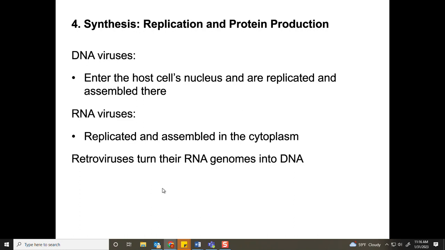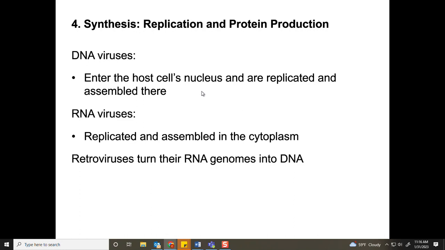So if we have a DNA virus, it will enter the host cell's nucleus and will be replicated and assembled there. If you recall from either A&P or Biol 1, the DNA is located in the nucleus. So that's why the DNA of our virus is going to travel to the nucleus.